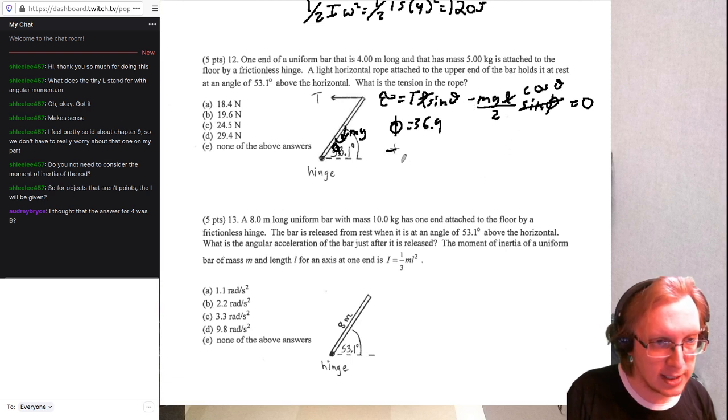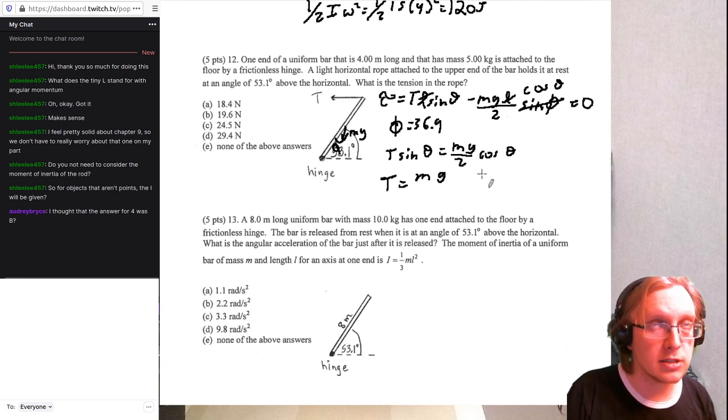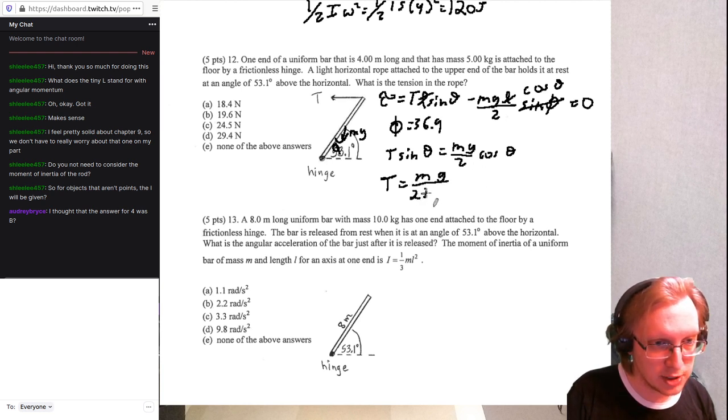So we have that T sine theta is equal to mg half cosine theta. All right. T is therefore equal to mg cosine divided by sine, which is cotangent, or 1 over tangent, so 2 tangent theta.